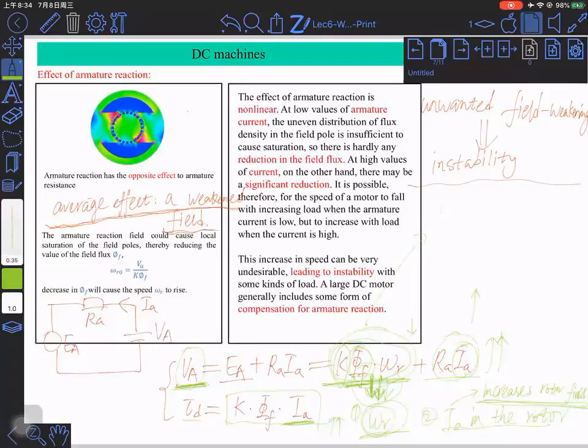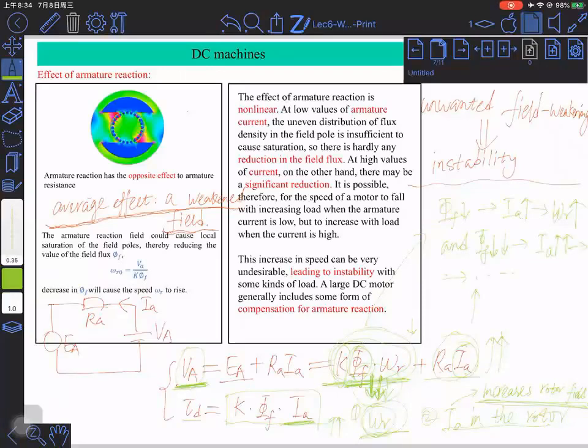We have a weakened flux, and that leads to increased IA. IA leads to an increased speed and further decreases the flux, and that leads to further increased IA, and this process continues.